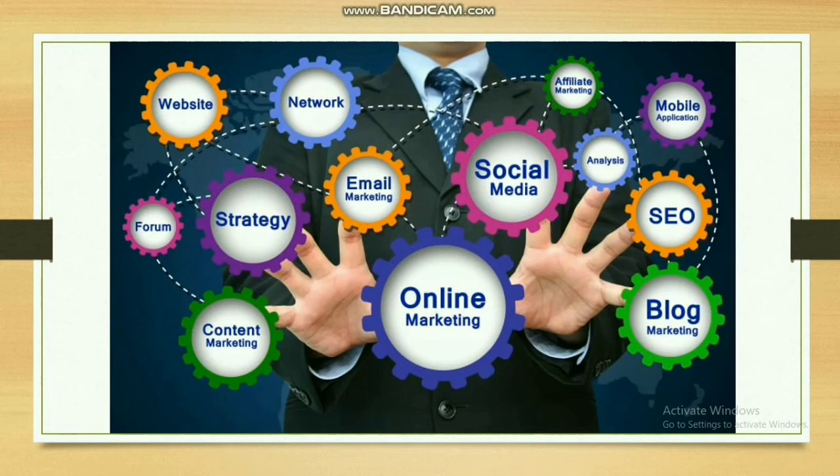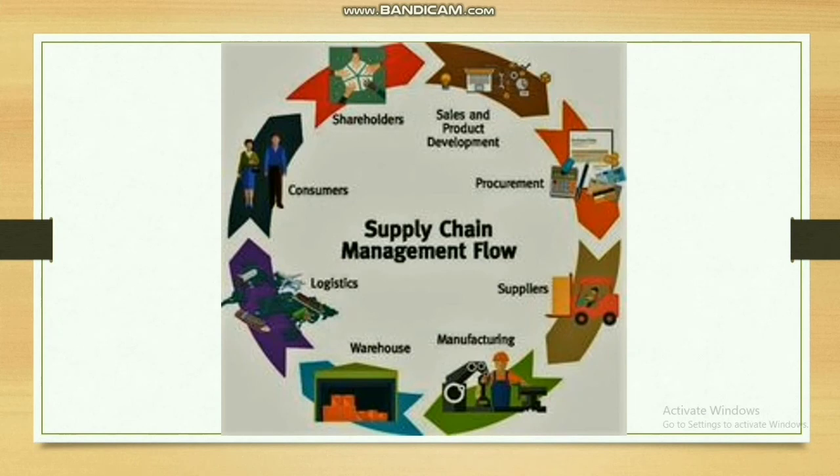In the online market, all these products are being available, and you could see how logistics happens. That means supply chain management occurs. This is the flow of products from the manufacturing area to the consumer.